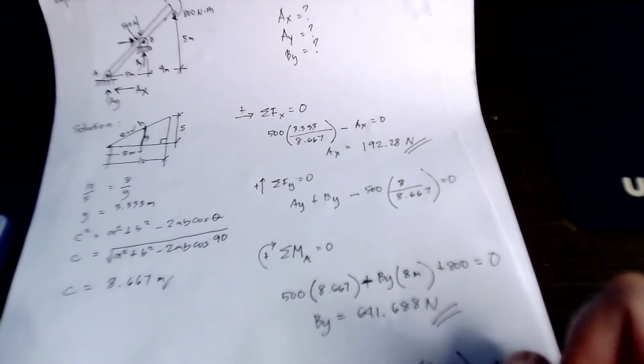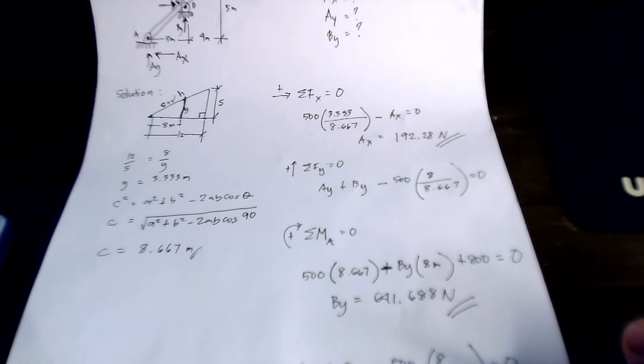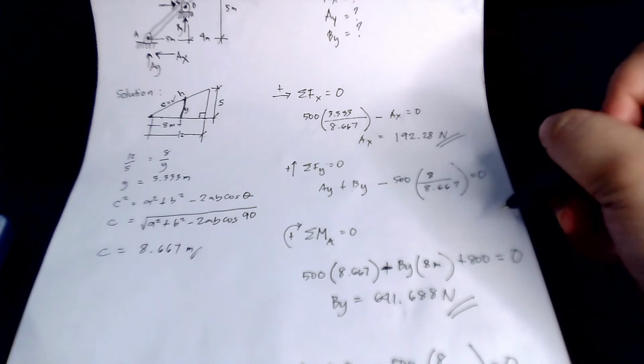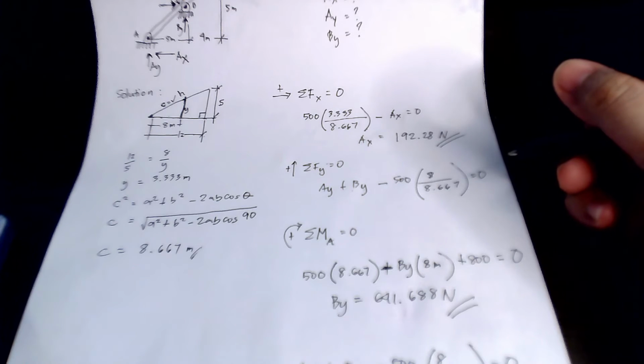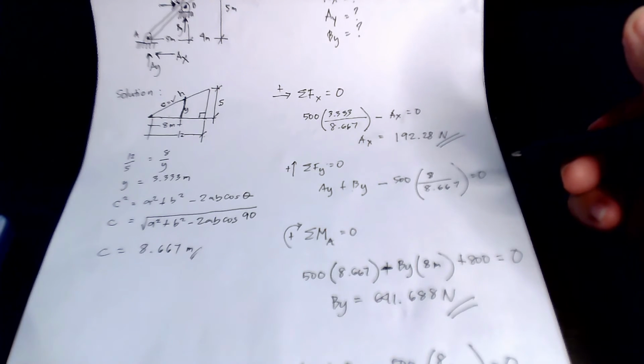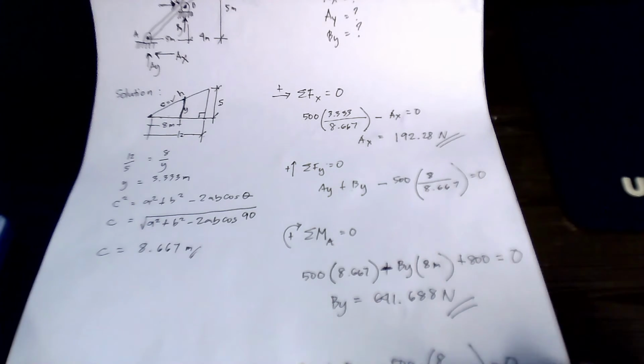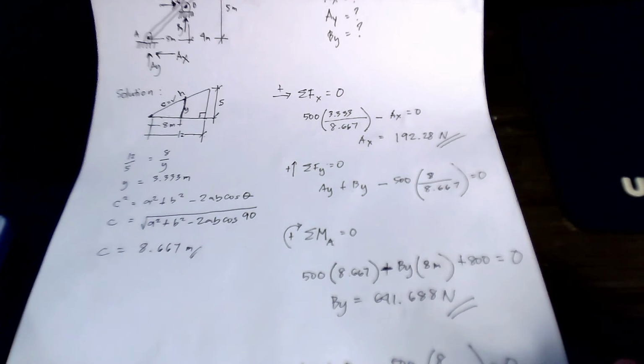AY equals 461.52 minus 641.688, and our answer is negative 180.167 Newton.